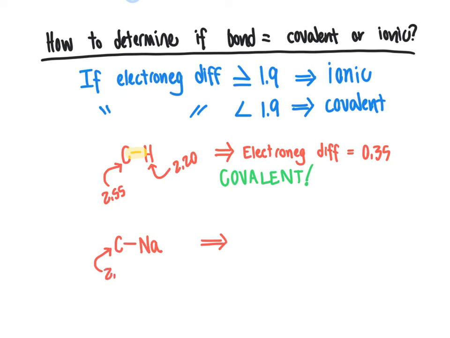The electronegativity of carbon is still 2.55, as we saw above. Electronegativity of sodium, we'll go into the periodic table and look for that electronegativity value. Going down to the fifth line on that left-hand side of the periodic table that you have available on Canvas, we see that the electronegativity value of a sodium atom is 0.93.